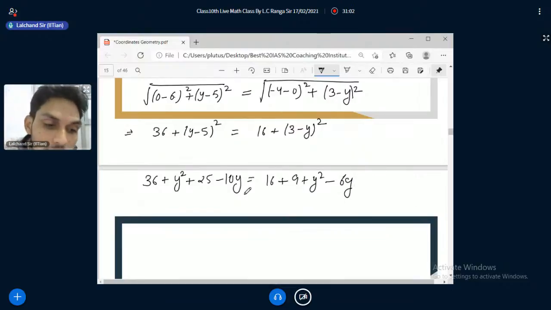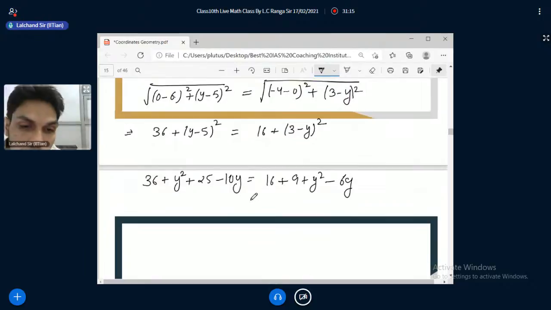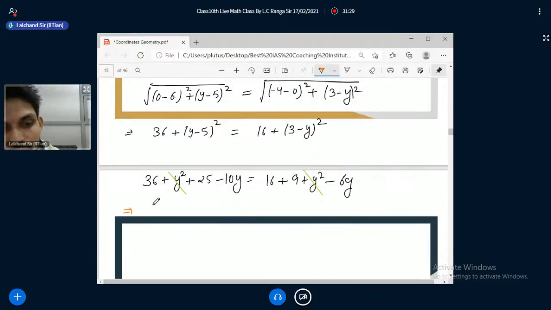Is there any calculation mistake? Check it out. Okay, fine. So is there any term which gets cancelled from both sides? The y square term cancels. Now if we reduce this equation, then we have 36 plus 25 minus 10y equal to 9 plus 25 minus 6y.